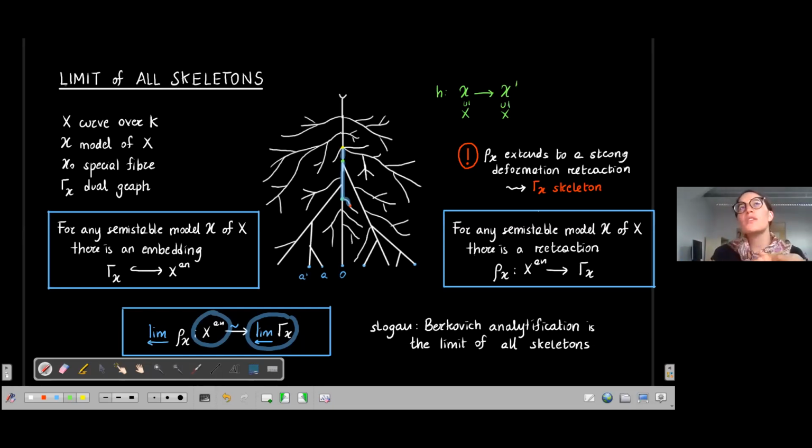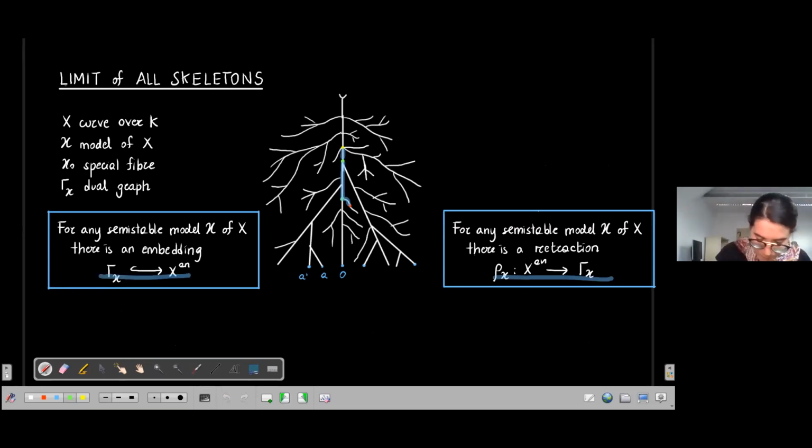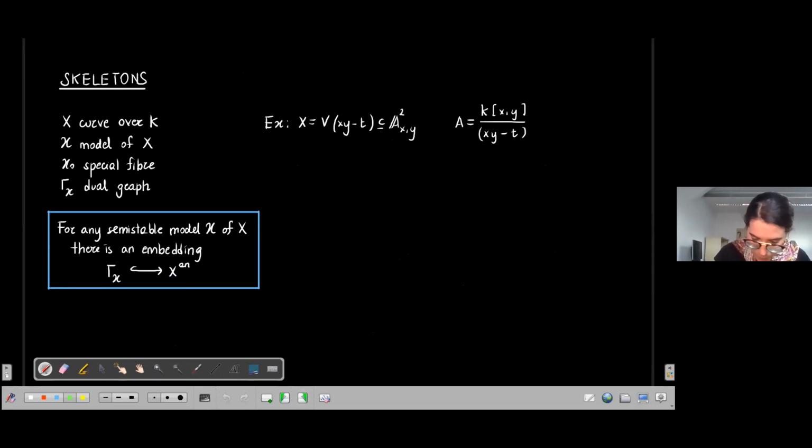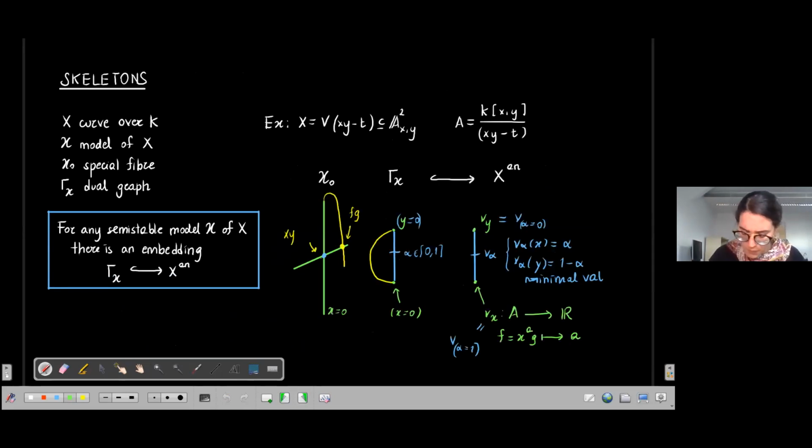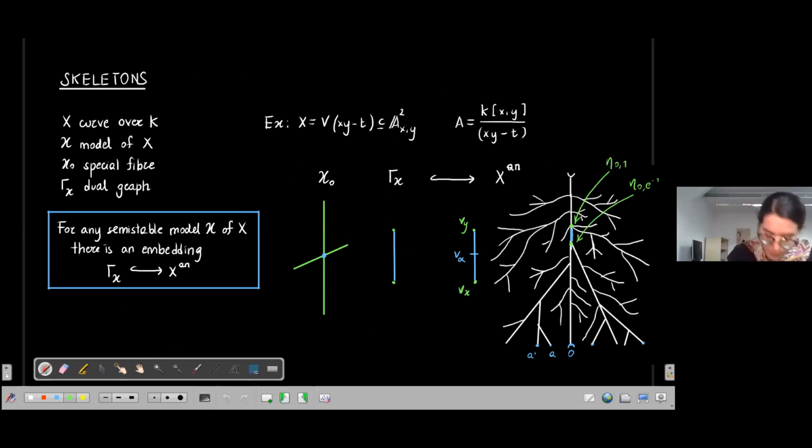Let me go back and write. On one side we work with k[z, z minus 1], on the other side with k[x, y]/(xy minus t).